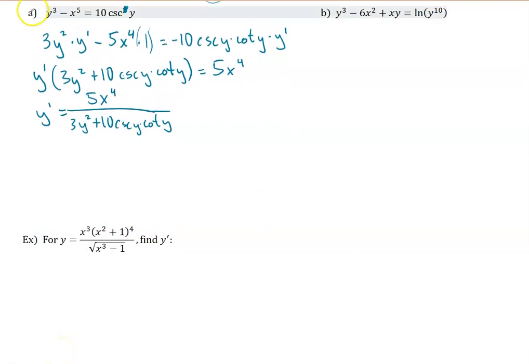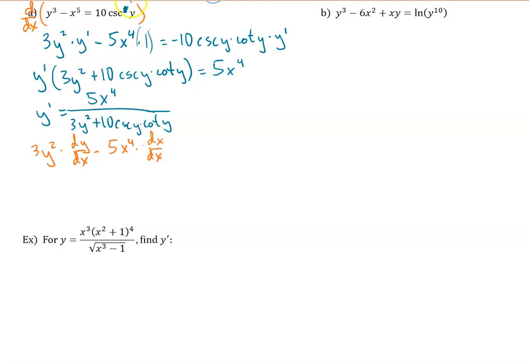For that, think of this as taking the derivative with respect to x of this entire equation. Okay, so starting with the first term, the derivative of y cubed with respect to x is 3y squared times, and then the derivative of the inside is dy over dx. Okay, minus, and then for the derivative of x to the fifth, I have 5x to the fourth times the derivative of x with respect to x.